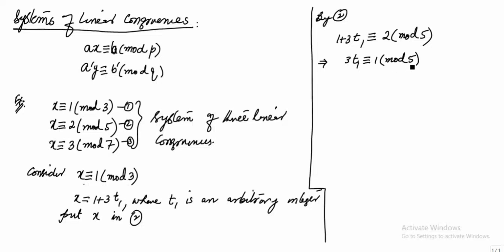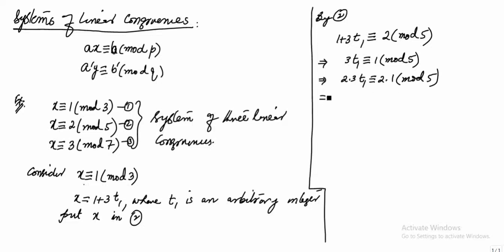Okay, because Z5 is a field, every non-zero element of Z5 is invertible, so you can find the inverse of 3. So inverse of 3 is 2, because if you multiply 2 times 3, you will get 2 times 1 modulo 5.